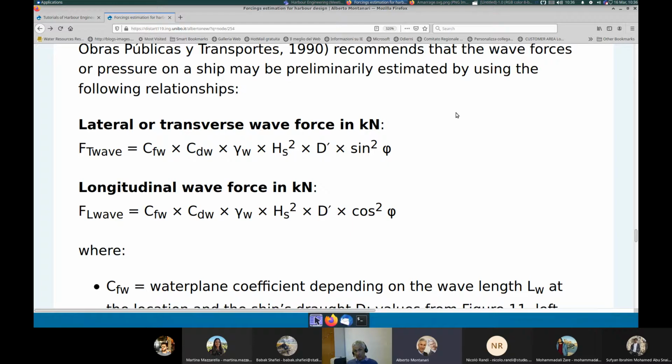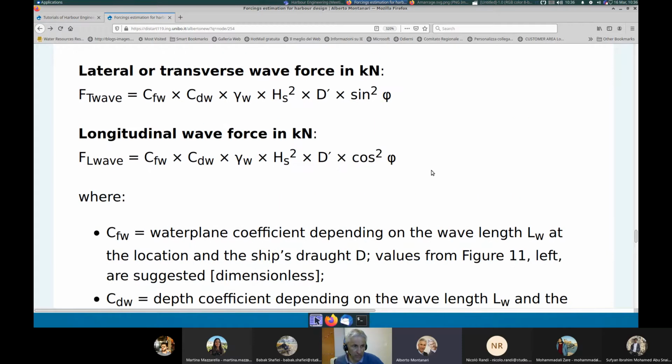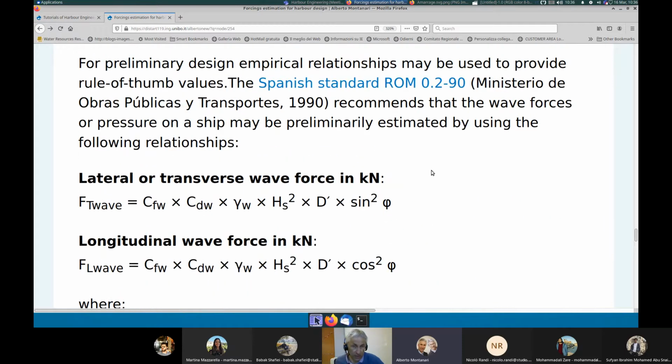We get movement in the direction of the wave, and then we get rotation. Okay, this is our way to simplify a very complex problem.